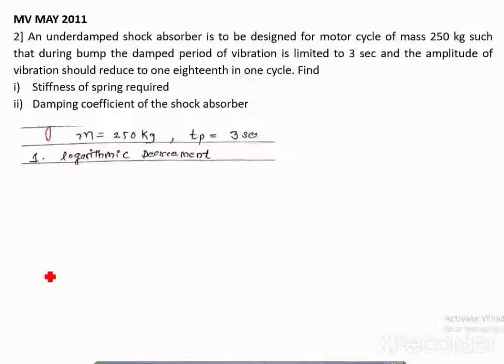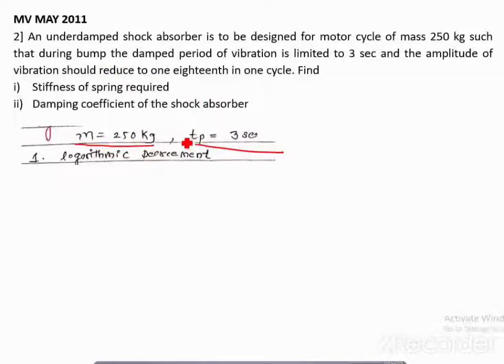Step number 1, M is equal to 250 kg. The mass is given as 250 kg, and they have said that during the bump the damped period of vibration is limited to 3 seconds. So Tp is equal to 3 seconds, the time period they have given. Is it clear? Again they are saying that the amplitude of vibration should reduce to 1/18 in one cycle.